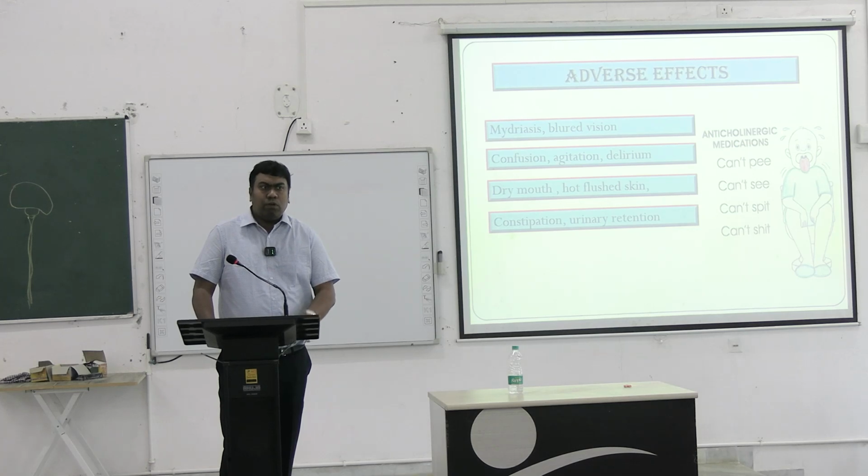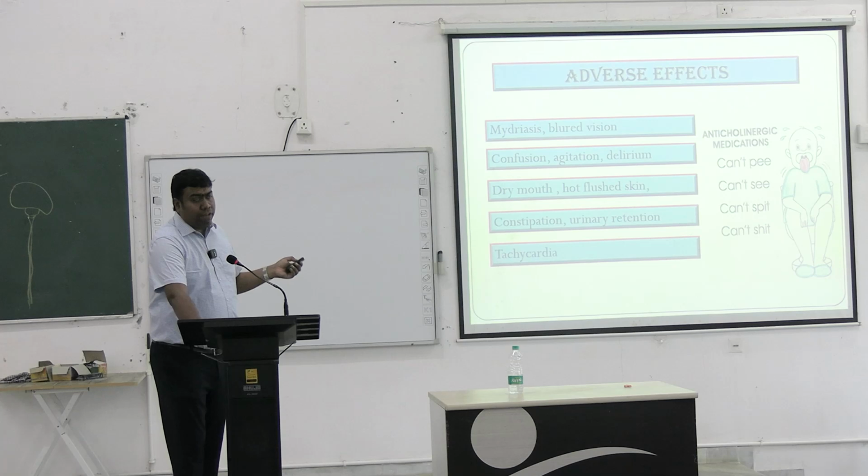Old age patients who are suffering from BHP, benign hypertrophy of prostate. Clear? In this situation, if we give a drug which has an anticholinergic effect, it can precipitate or exaggerate effects like urinary retention.